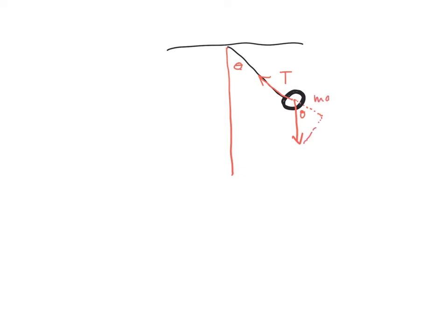So that would be mg cosine theta, and this would be mg sine theta. All right, and what we actually know is the resultant force, just like an inclined plane, these will be equal and opposite, and the resultant force, I'll highlight it in green, will be this one down here. That will be the resultant force.